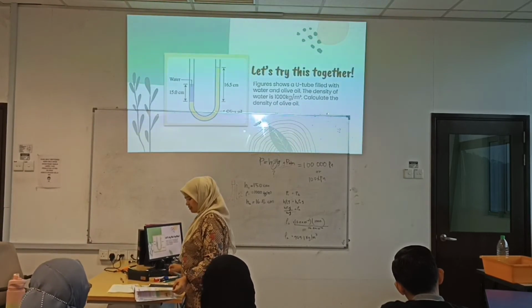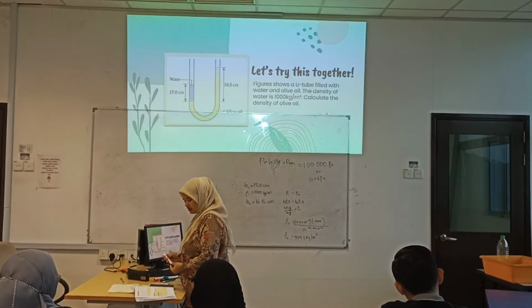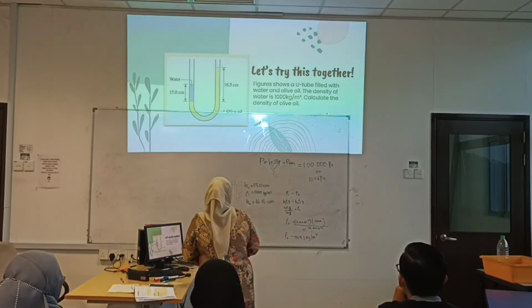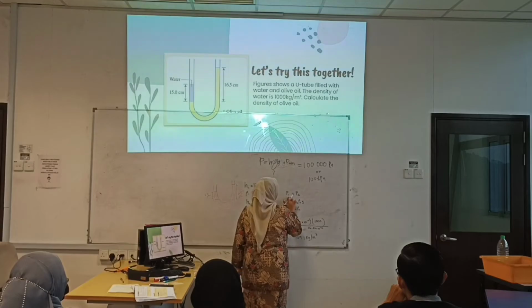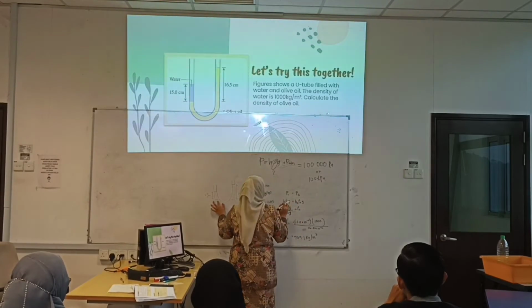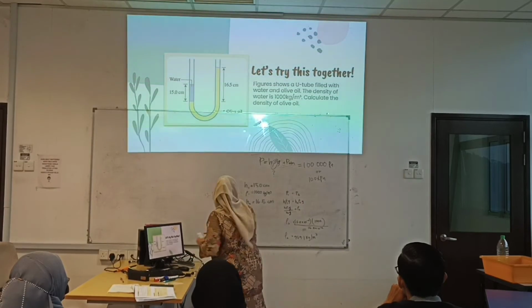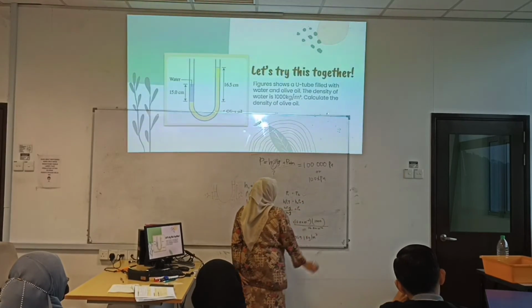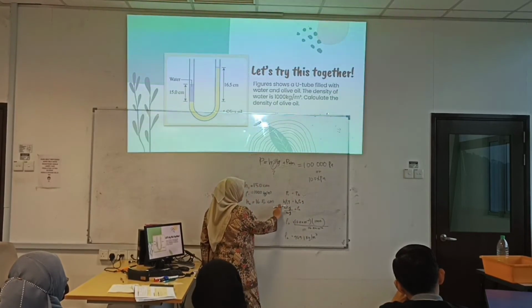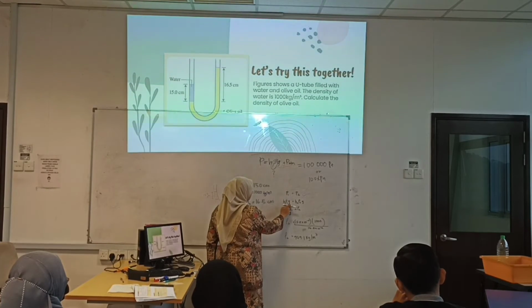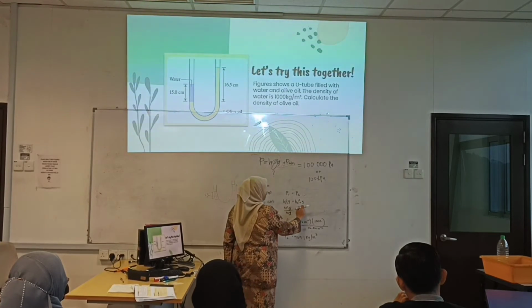In this question, it shows that the pressure at point 1 is equivalent to the pressure at point 2. So this one is correct. And then Anis wrote the formula for liquid 1 and then liquid 2.